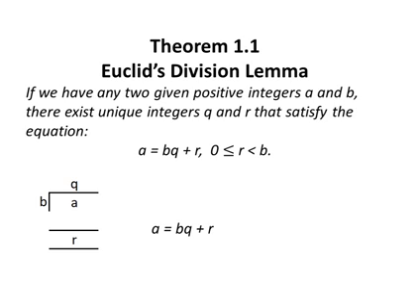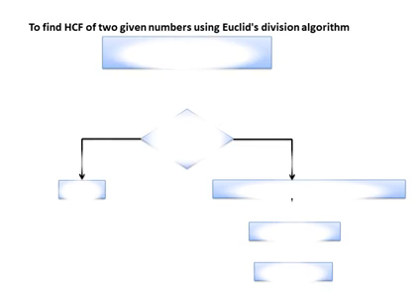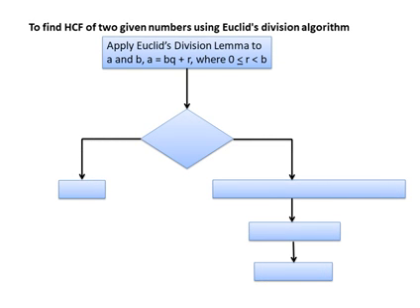Next we are going to find HCF by using Euclid division algorithm. Previously we studied to find HCF by using prime factorization, common factors, common division. Here we are going to find it by using Euclid division algorithm. How? We have two numbers. By applying Euclid division lemma, we express them in the form a is equal to bq plus r. If r is equal to 0, that means remainder is 0, then the b value is the HCF.